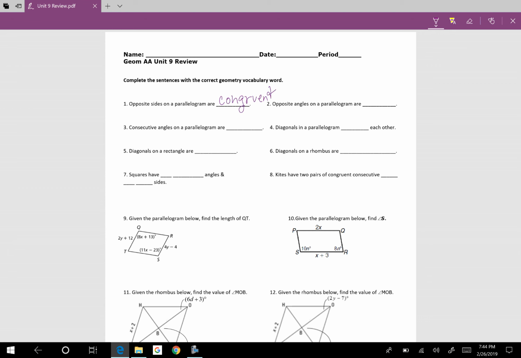All right, next thing, diagonals in a parallelogram bisect each other. Okay, diagonals on a rectangle are congruent. Diagonals on a rhombus are perpendicular.